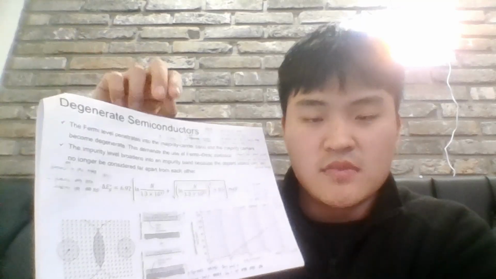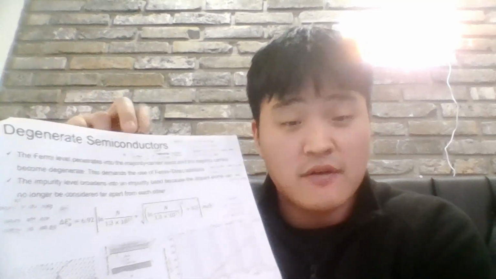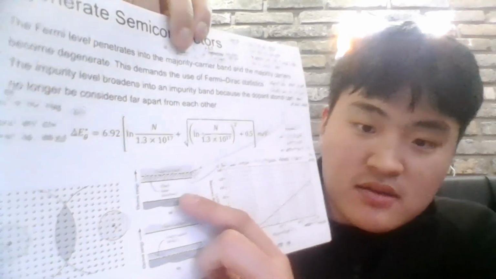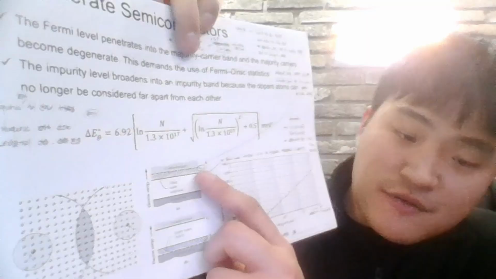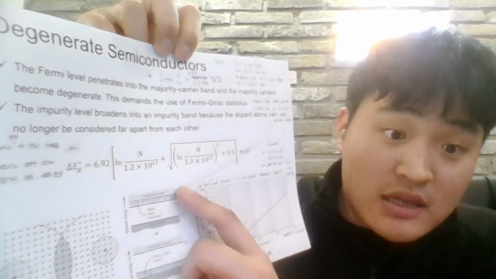When we add a really high concentration of those dopants, then in an n-type semiconductor, as you can see, the Fermi level penetrates into the conduction band.